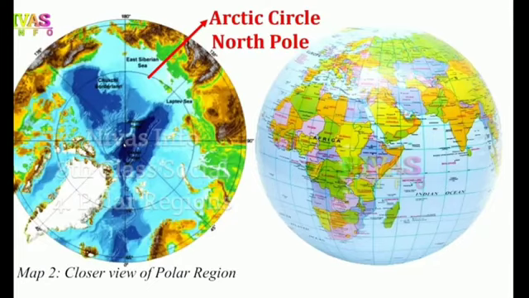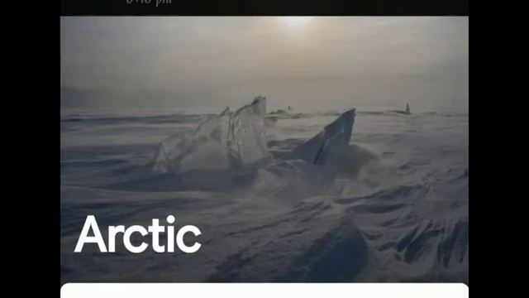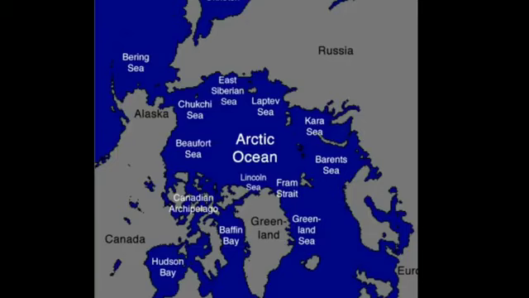The area above the Arctic Circle, around the North Pole, is the Arctic region. The Arctic Circle passes through Northern America, Greenland, North Asia, the Scandinavian Peninsula, and the Arctic Ocean.